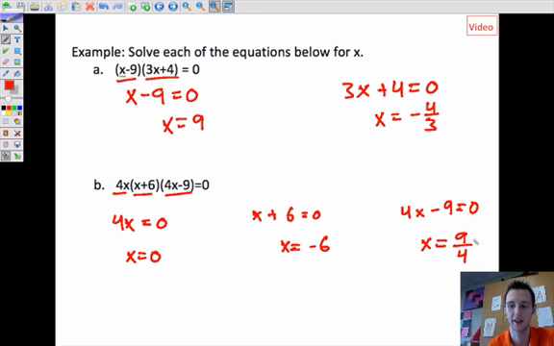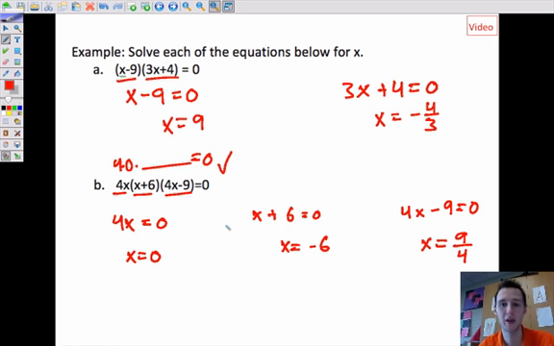So if x is any or all of these numbers, then this product will equal 0. And that's what we wanted. Like if you plug in a 0 for x, you'll get 4 times 0 times all the rest of that, and anything times 0 equals 0. So that works. Okay.